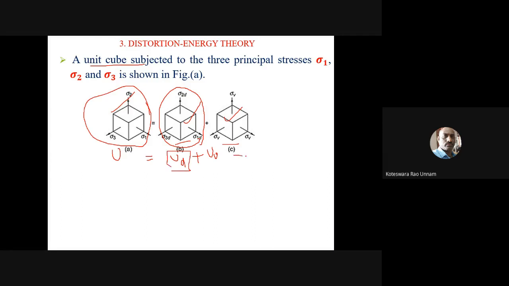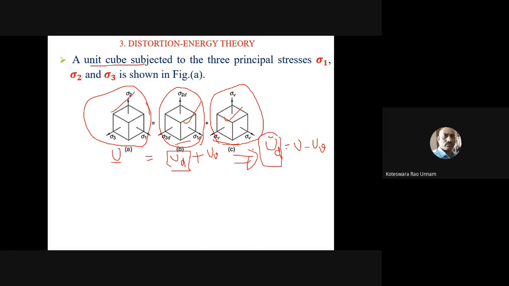From this equation I can write UD, the distortion strain energy, is nothing but the total strain energy U minus the volumetric strain energy due to volume change, UV. Directly I cannot compute the distortion energy because here there won't be any volumetric change.